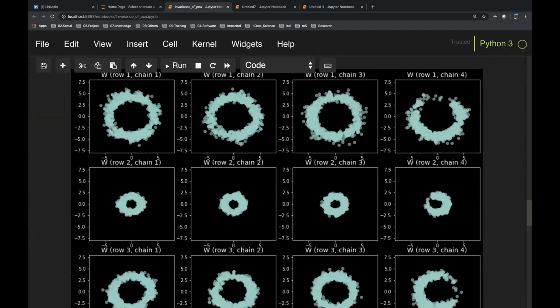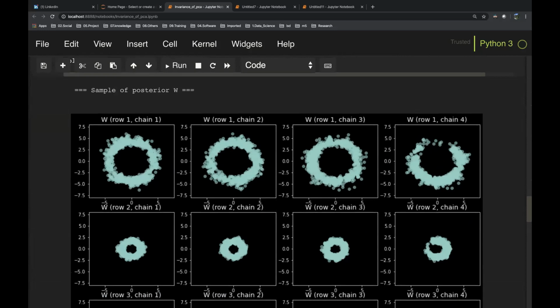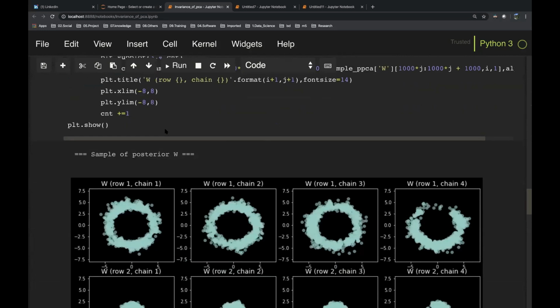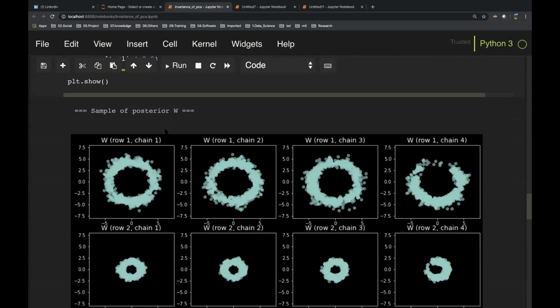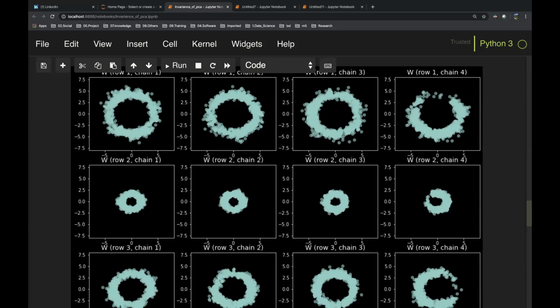Oh, also, sorry, I should have explained. As a default, it's sampled from 4 chains. That's why there are 4 columns. But I'd like you to check these 3.